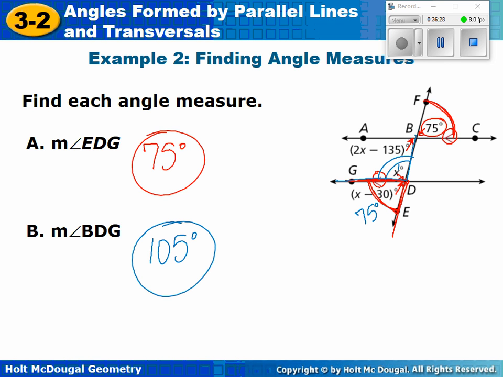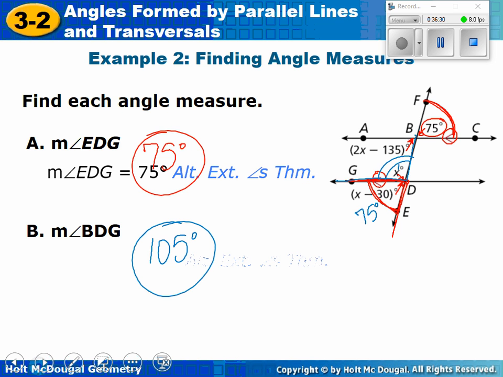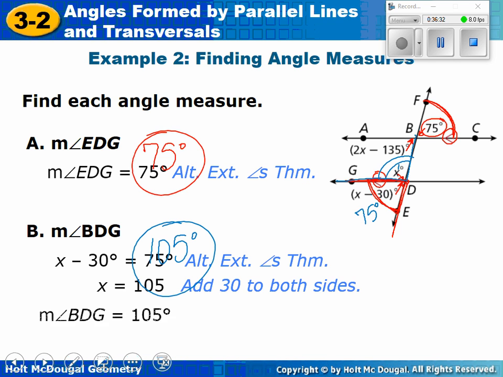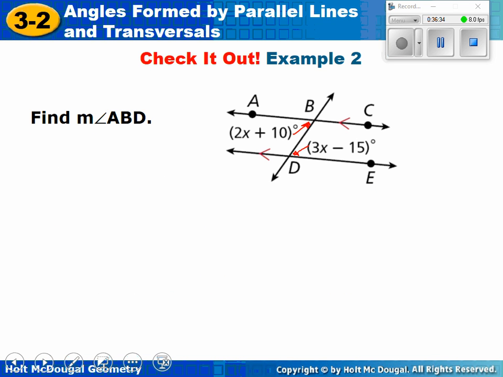Slowly but surely. Okay, this one is one I had to walk around and help a little bit more with, this next one. So again, you're looking at the picture and asking yourself, what kind of angles do I have? So what kind of angles are these two angles? Alternate interior. And we know that if the lines are parallel, then those angles are congruent. And congruent means they're equal.